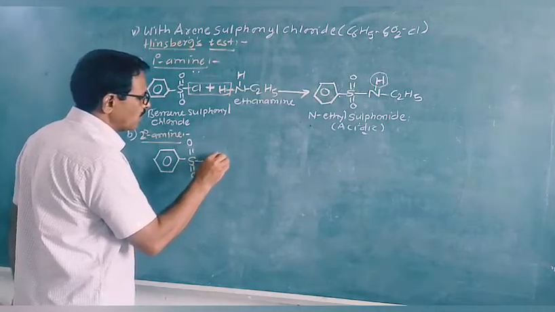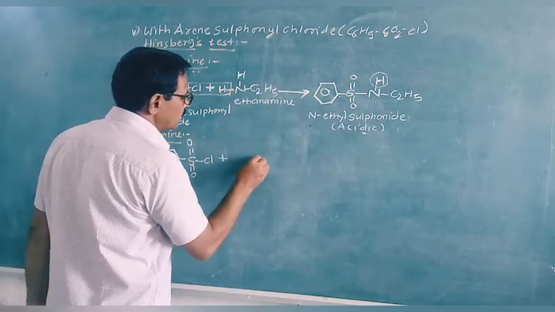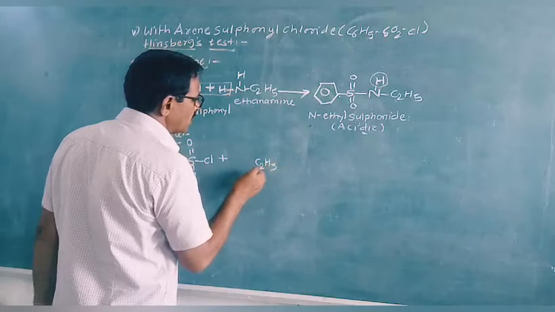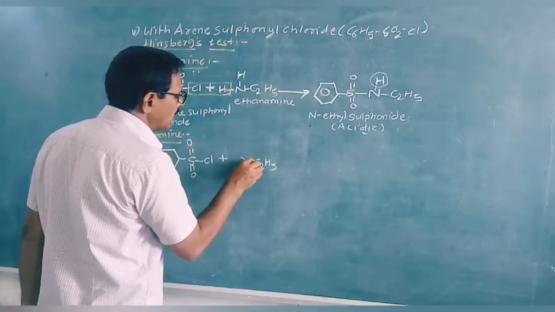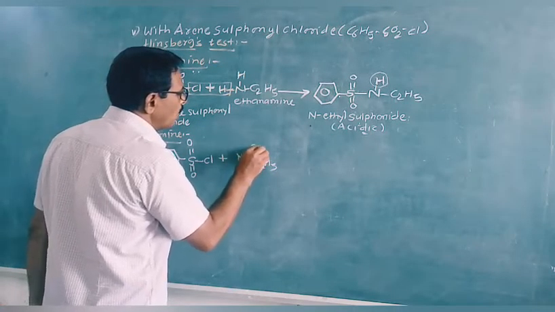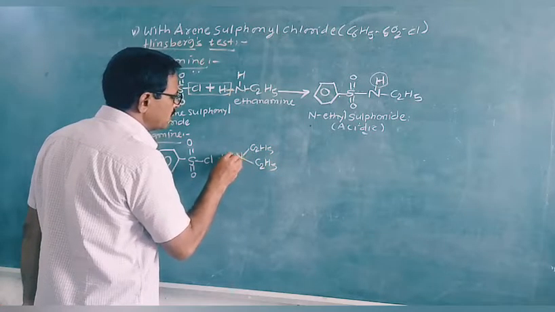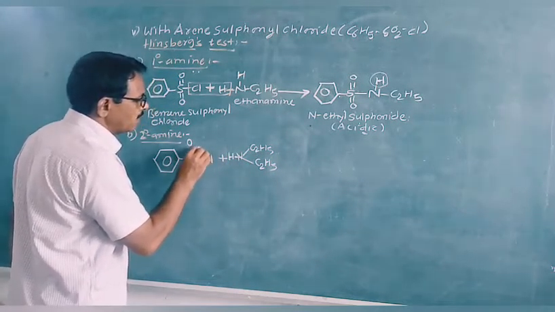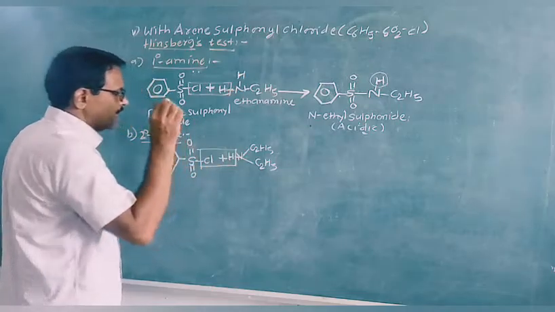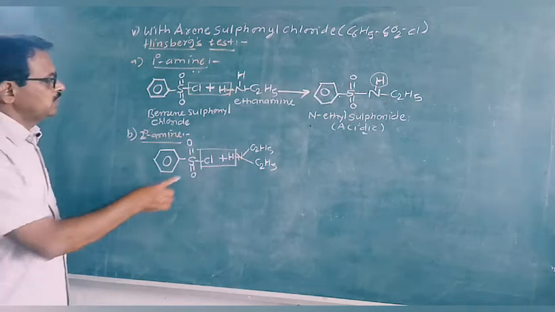When this benzene sulfonyl chloride is treated with diethylamine, the formula of diethylamine is like this, C2H5 2NH. Again here this hydrogen atom combines with this Cl.